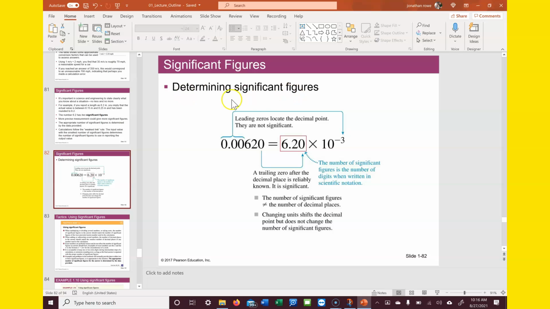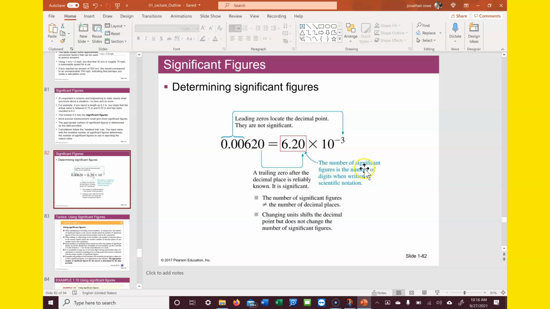All right, determining significant figures. Leading zeros locate the decimal point. They are not significant. So zeros that come before other numbers are not significant digits. But zeros that follow the numbers are significant digits. It's saying, I didn't just get this 0 because I rounded. This actually came out to 6.20 units.